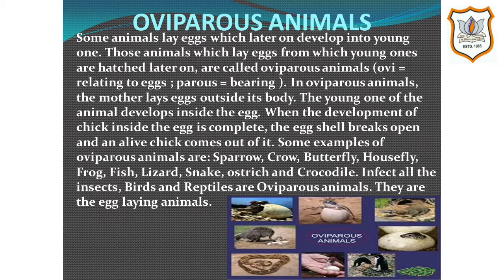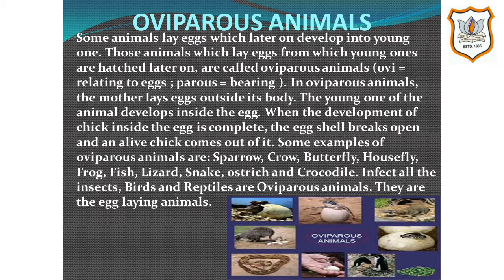Ovi means relating to eggs. Parous means bearing. In oviparous animals, the mother, the female parent, lays eggs outside its body. The young one of the animal develops inside the egg.